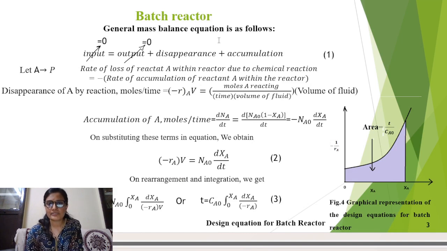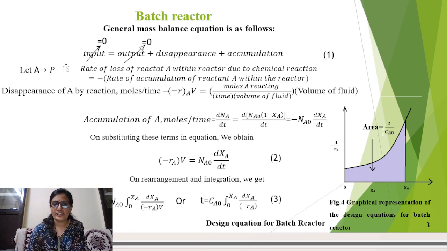The general mass balance equation for a batch reactor is: input equals output plus disappearance plus accumulation. Now this is the general mass balance. In the case of a batch reactor, as we already said, during the reaction we cannot add anything inside the reactor, that's why input is 0, and similarly we cannot remove anything from the reactor, so output will also be 0.